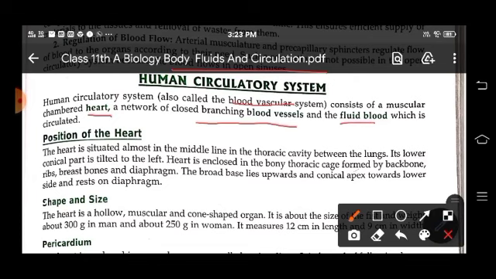Now the heart is situated almost in the middle line in the thoracic cavity between the lungs. Its apex is tilted towards the left side of the body, and the heart is enclosed in the bony thoracic cage formed by the backbone, ribs, breastbone and diaphragm.